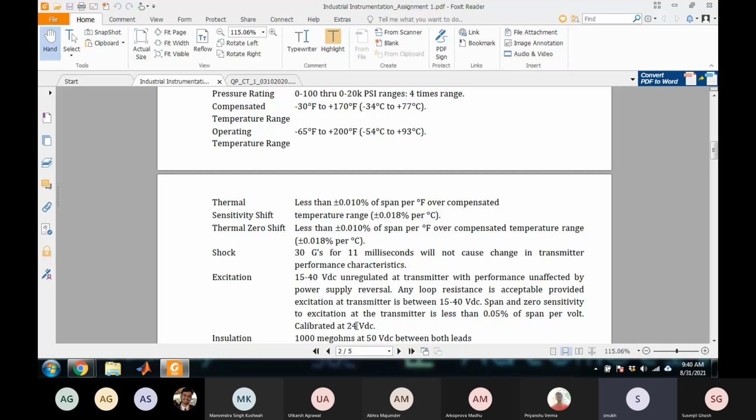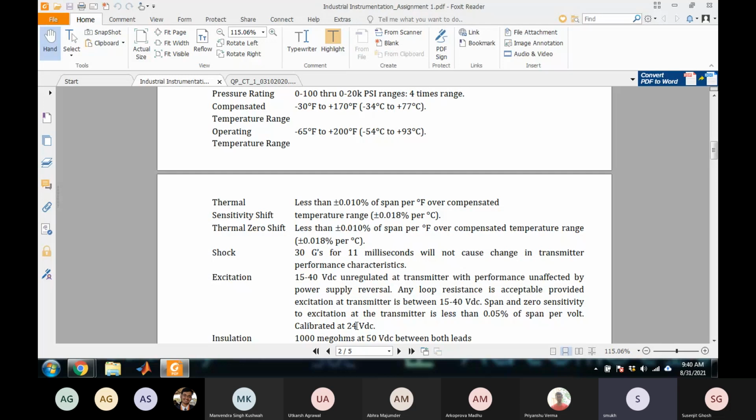Now 0.05%. So it's 0.16 into 0.05. That means 0.008 milliampere per volt into 24.